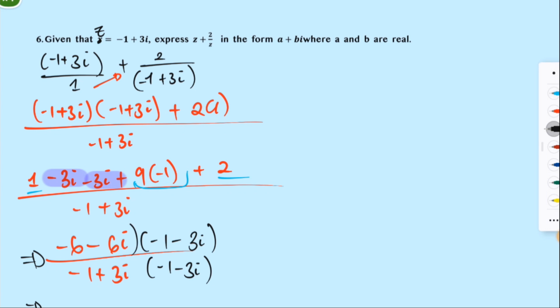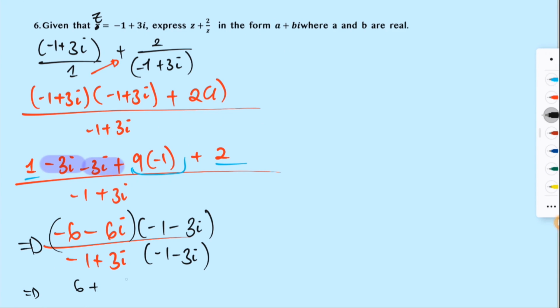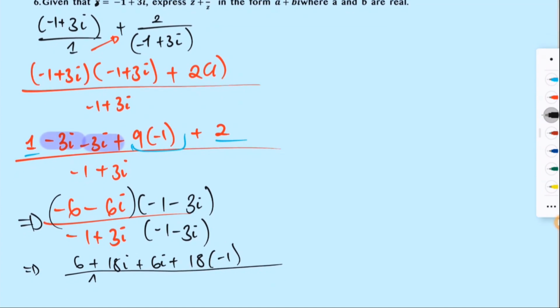This would be equal to negative 6 times negative 1 is positive 6 plus 18i plus 6i plus 18i squared. Yet again, replace that by minus 1, over 1 plus 3i minus 3i minus 9i squared, which is negative 1.